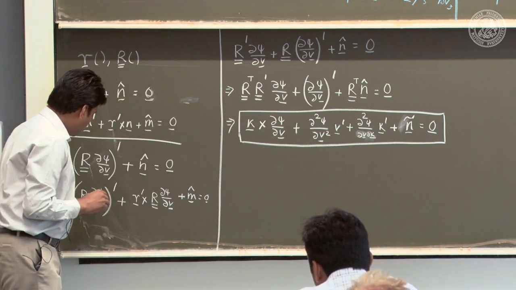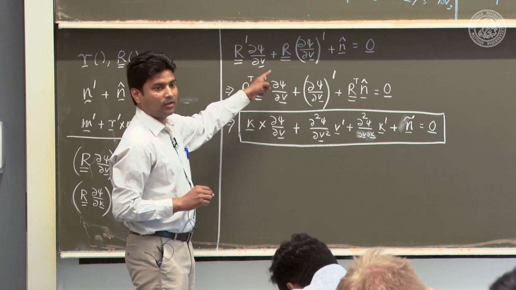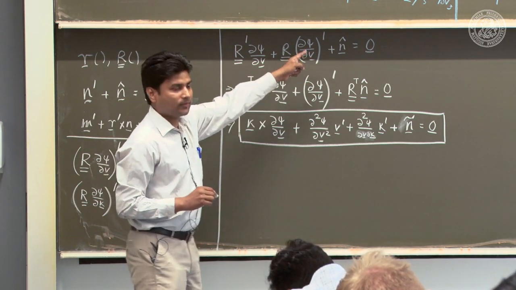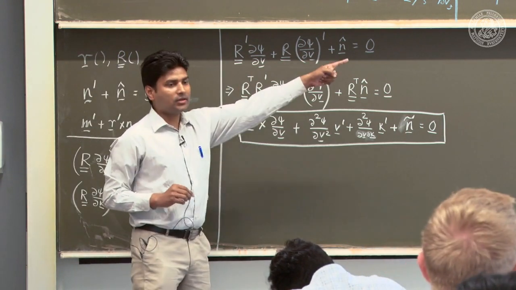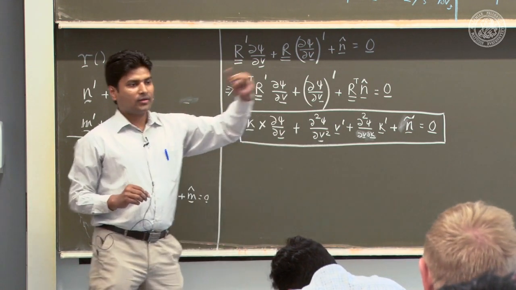Big R del psi over del k whole prime, you write it as big R prime del psi over del k plus big R times del psi over del k whole prime plus these terms. Once you have done that, then you pre-multiply by big R transpose everywhere.